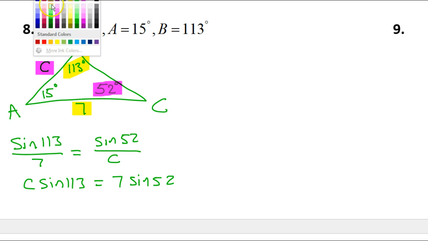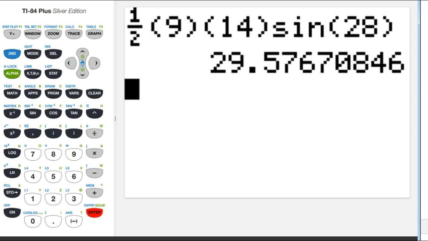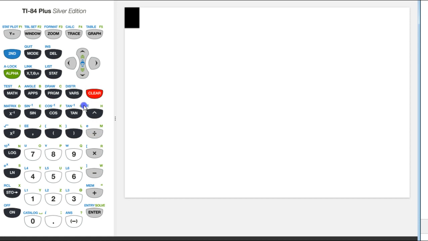If I divide both sides by sine 113, then these will cancel out and that will give me C by itself. So I just need to put all of this in my calculator, which I think I'll go ahead and show this time.